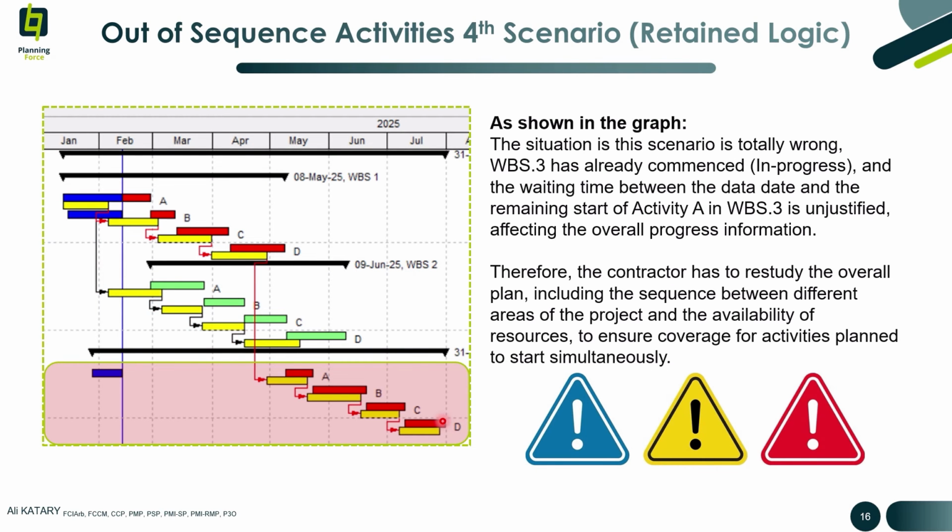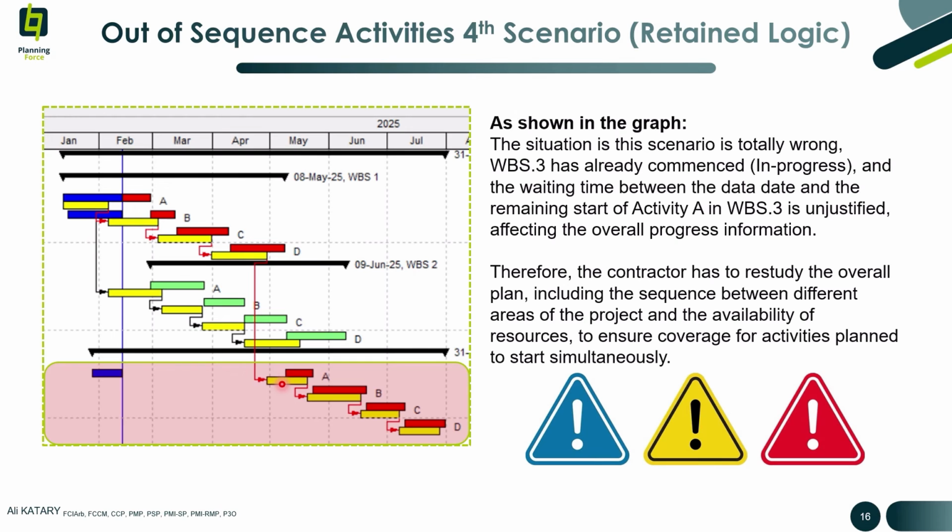In this scenario, we are using retained logic in update, and of course, the situation in this scenario is totally wrong because WBS number 3 or area number 3 has already started and is in progress, and the waiting time between the data date and the remaining start date of activity A is unjustified.